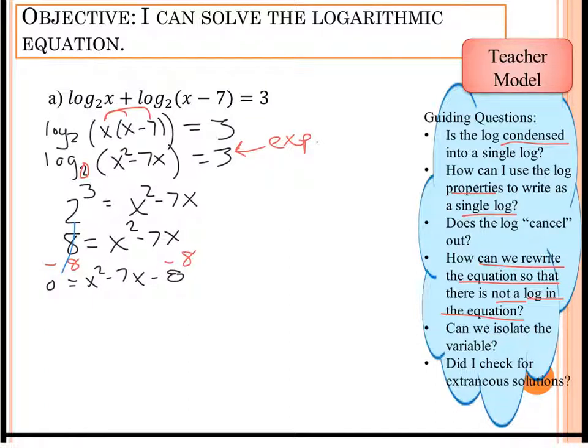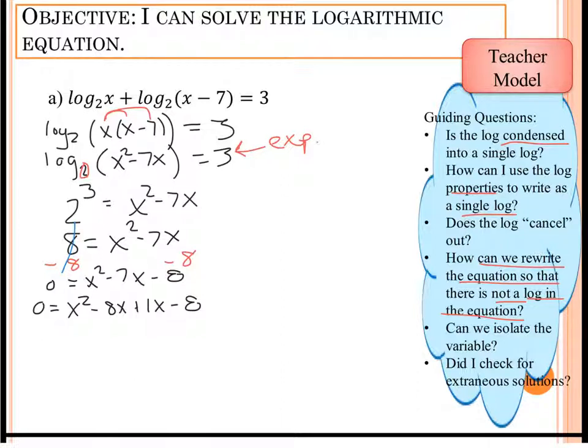I'm actually going to factor this because I can already think of two numbers that are going to multiply to negative 8 but add to negative 7. And so I'm going to bust the b that way. So I get x squared, and I'm going to bust it into negative 8x and positive 1x. So negative 8 and 1 are my two numbers that multiply to negative 8, but when I add them together, I get negative 7.